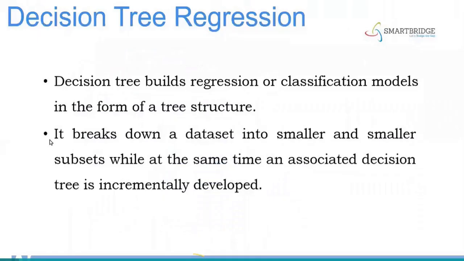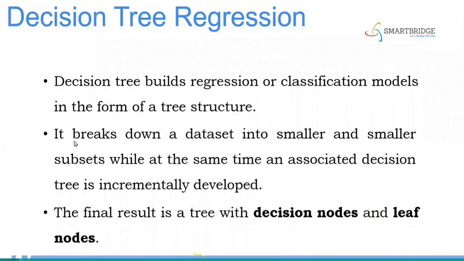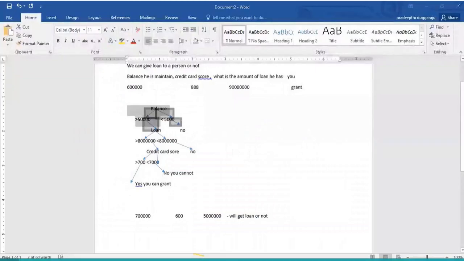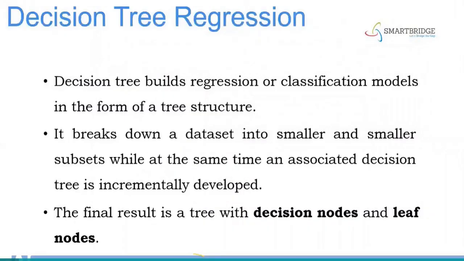This can be observed with the example that I have discussed. And then the final result is a tree with decision nodes and leaf nodes. The decision node is used to predict the output.